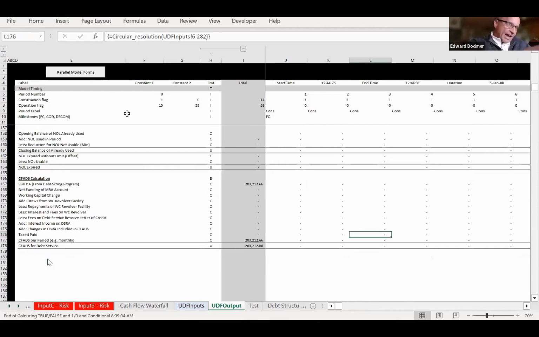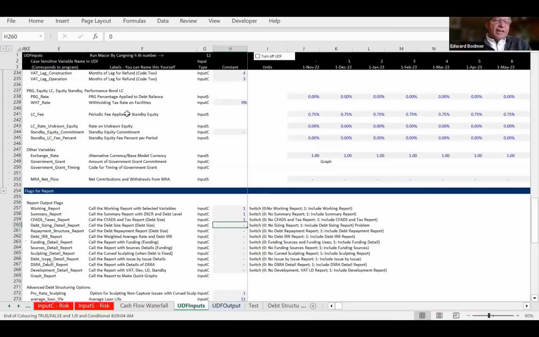We'll get your model, everything's there. We put this thing in your model and we make sure the CFADS corresponds to what you have. We make sure the funding needs correspond, and then we can get really complicated with, well, not too complicated, but how do we put all of our debt repayments in?